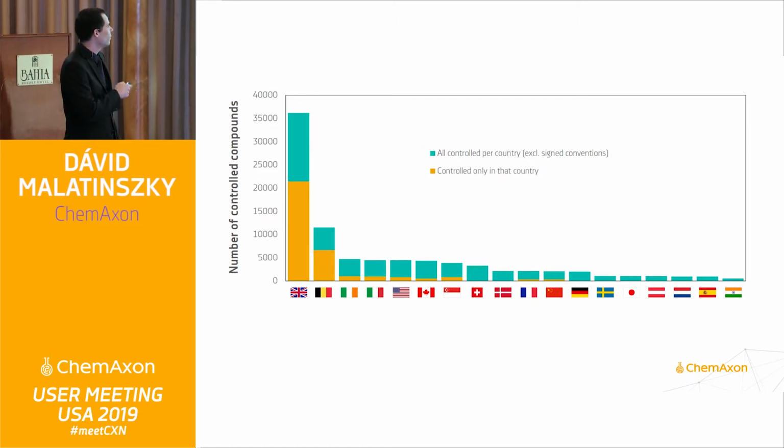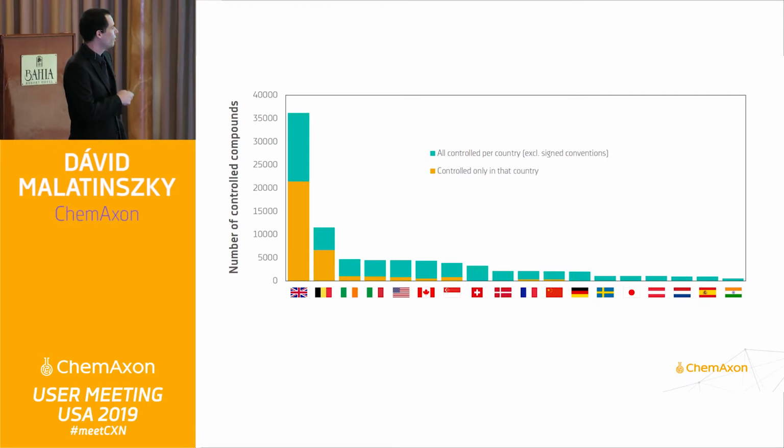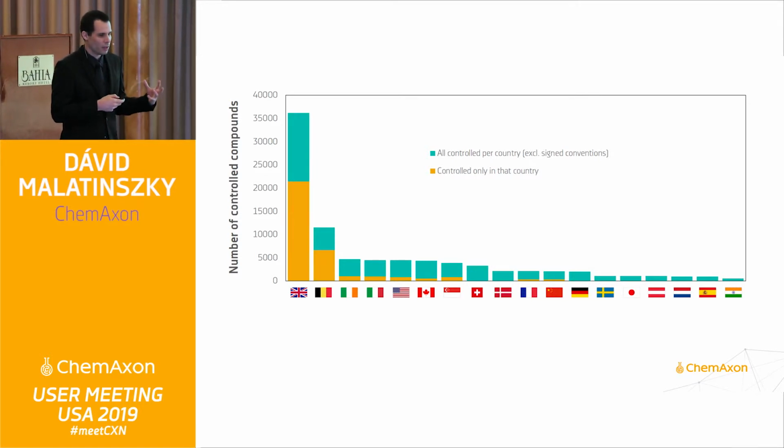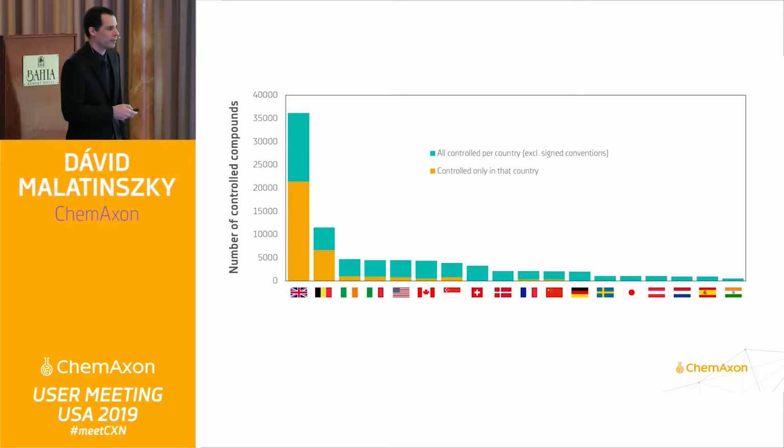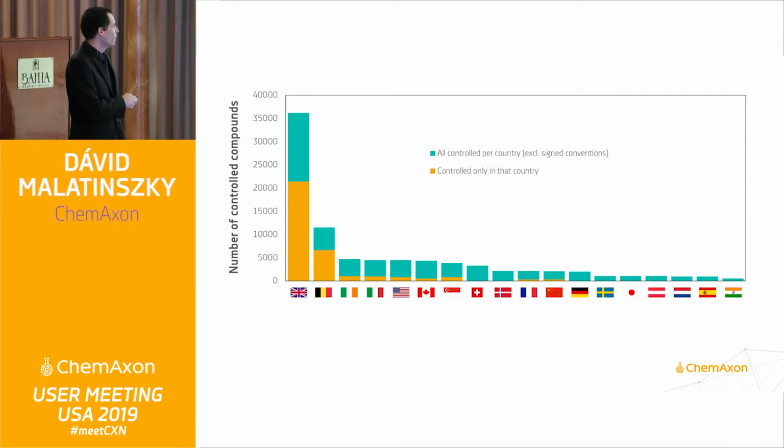The United Kingdom stands out from this scheme, as you see. It has over 35,000 compounds controlled only within the Campbell set. And many of those are controlled only by the UK. Belgium comes up next.